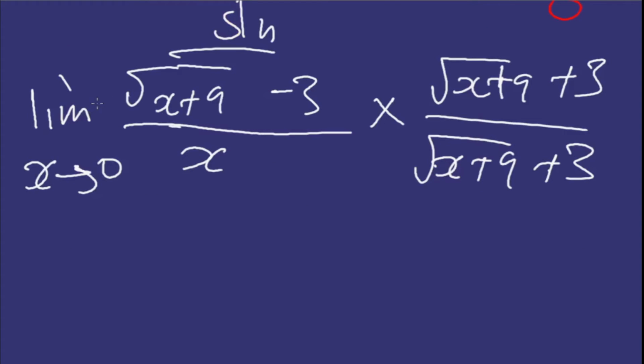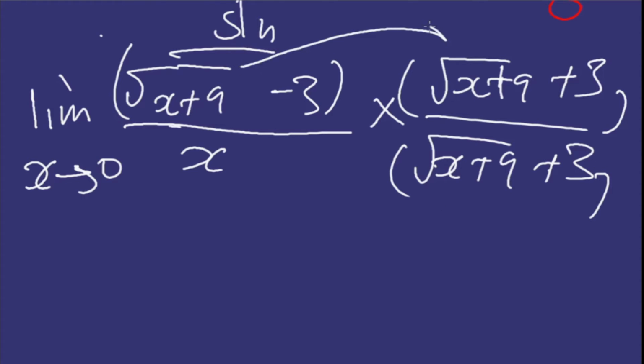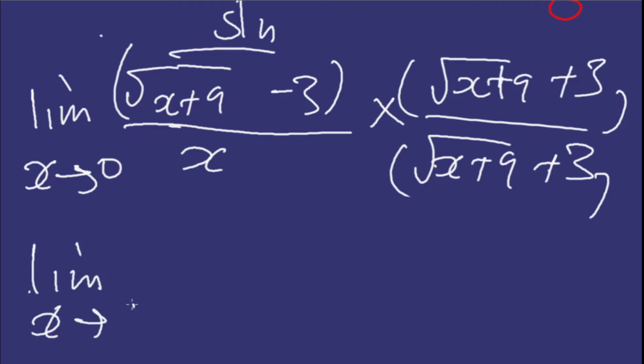Then your next step will be to distribute, because this is a bracket and this is another bracket. So you distribute, and then you put here the limit as x goes to 0.